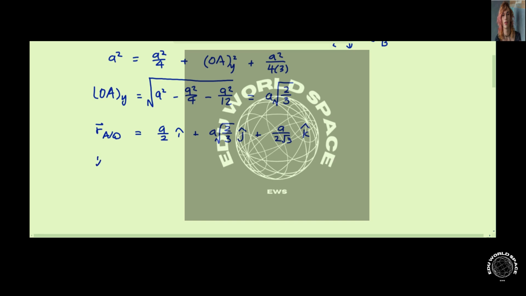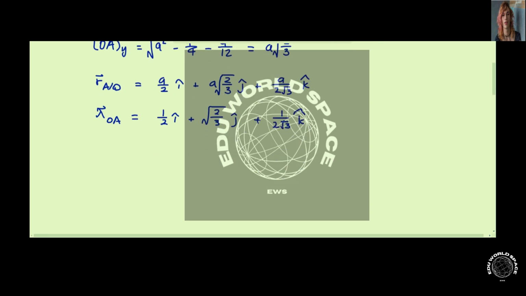So we have our lambda OA, which is just this divided by A. So you have half I plus root 2 over 3 J plus 1 over 2 root 3 K.